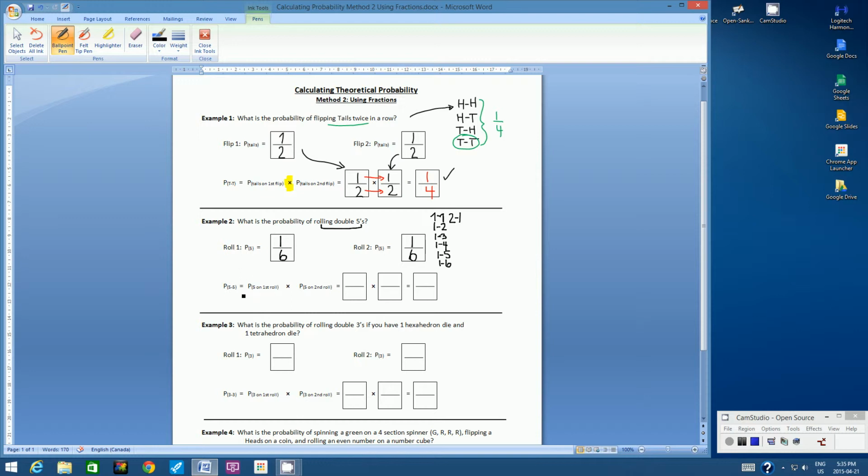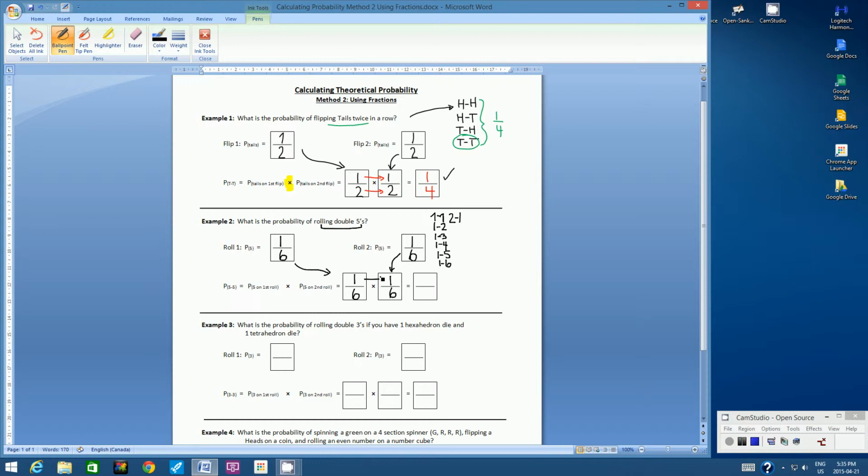Let's jump down to the next line here. The probability of rolling a 5 and another 5 equals the probability of 5 on the first roll, which is 1/6, times the probability of 5 on the second roll, which is 1/6. 1/6 times 1/6.